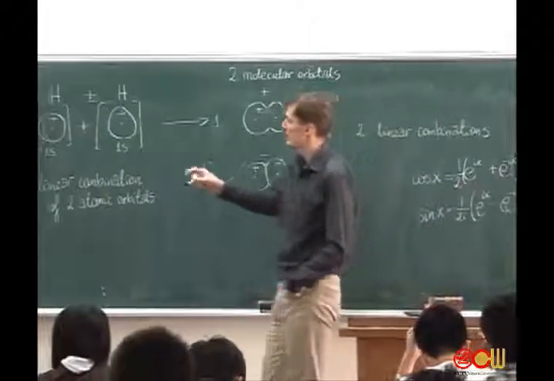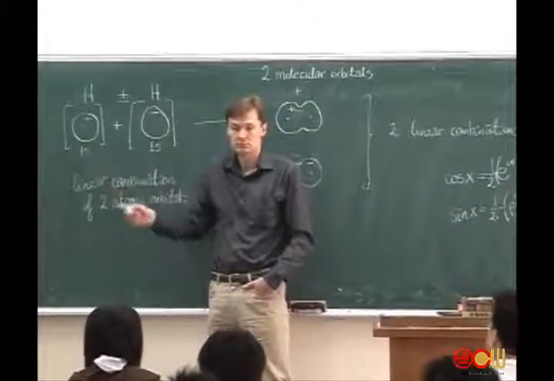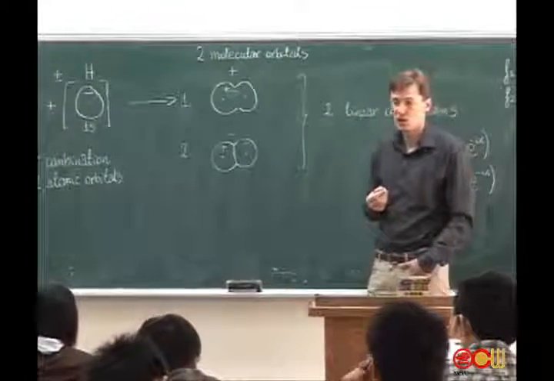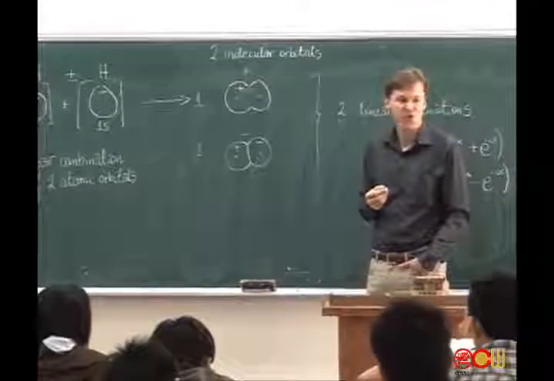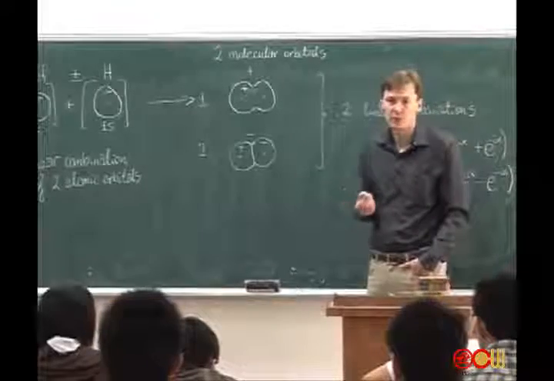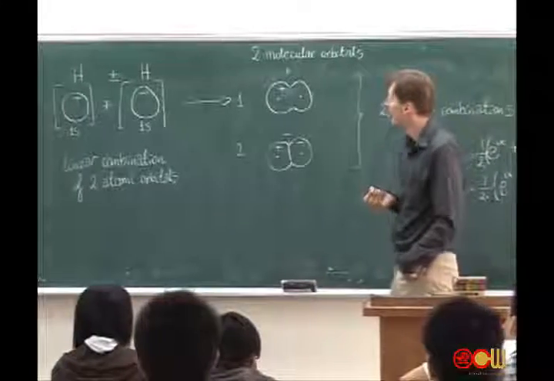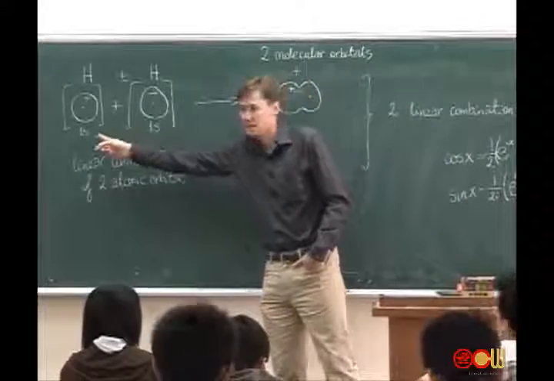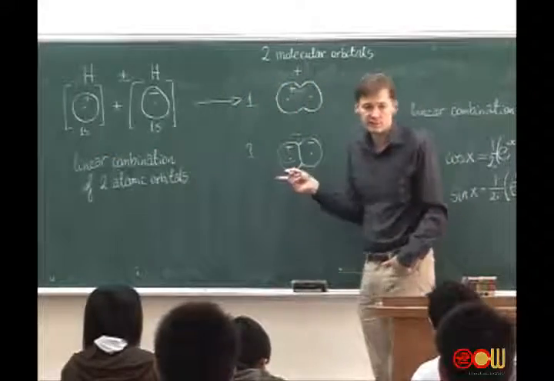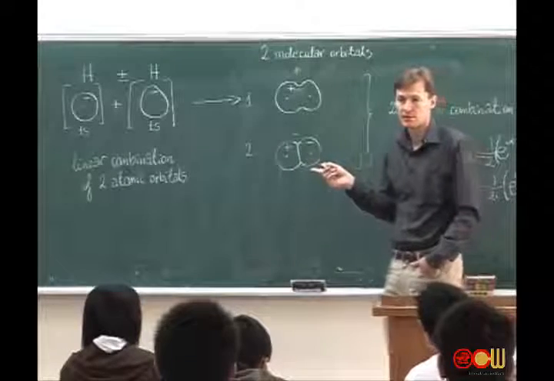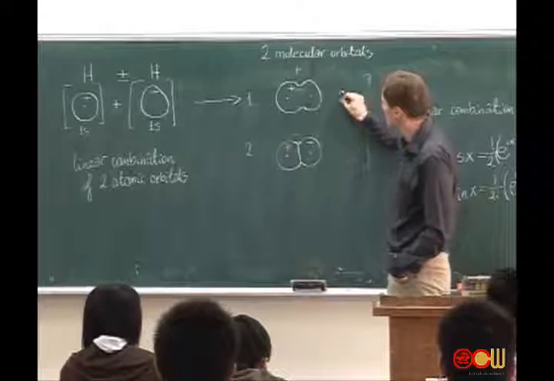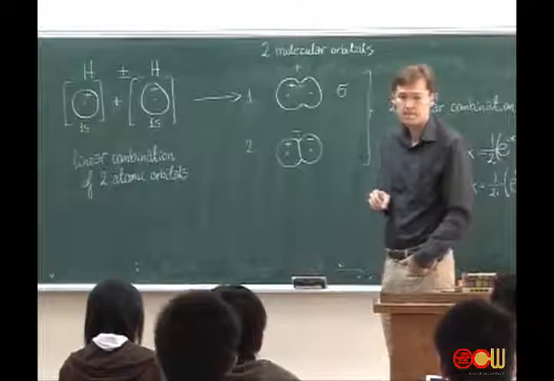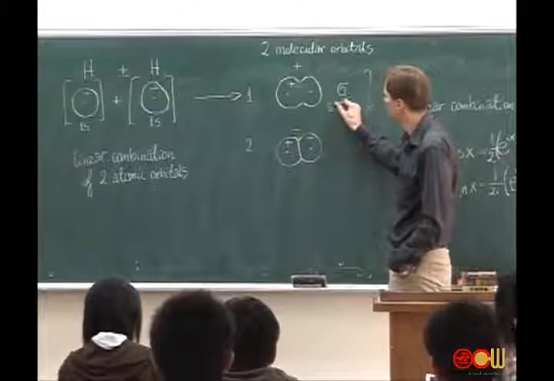Now, these orbitals had names. It was 1s. What about these orbitals? Do they have names? Anybody knows? That's difficult, I know, but maybe somebody knows. Okay. These are called, well, since this is S and S, this is also S, but a Greek S. So the Greek letter S is written that way, and it's called sigma. So this is a sigma orbital.